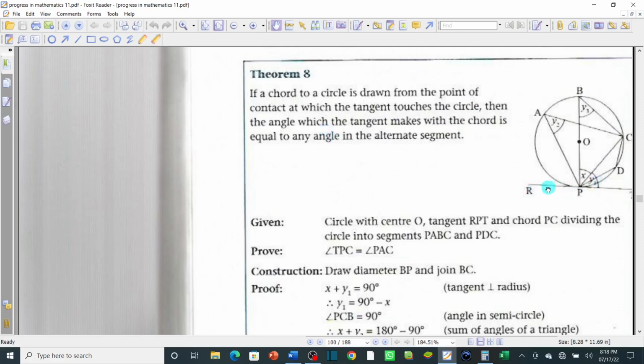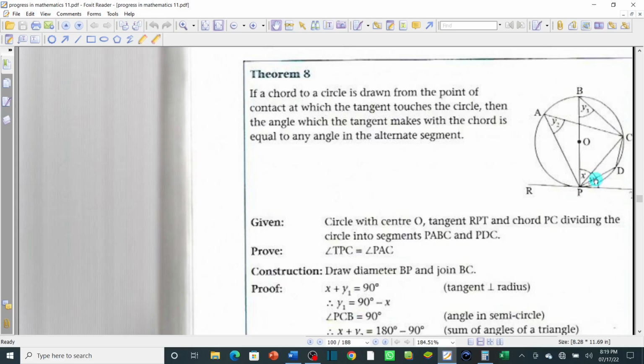This is the tangent to the circle, and there's also another chord, this one. Then the angle which the tangent makes with the chord, this angle here, is equal to any angle in the alternate segment.